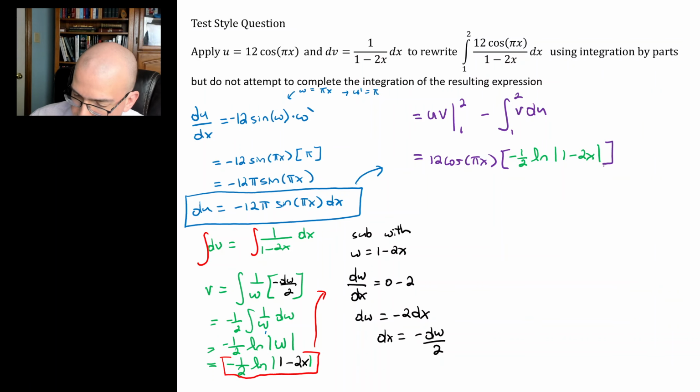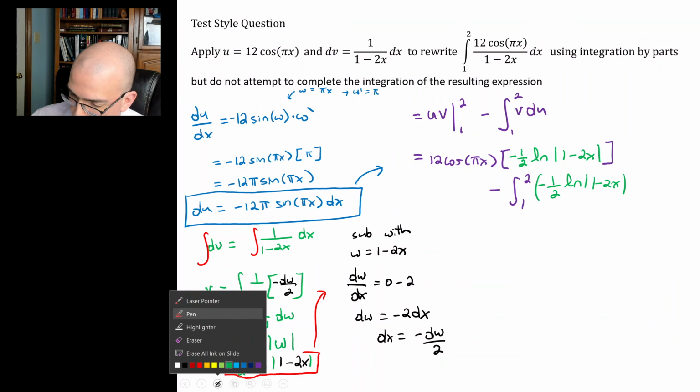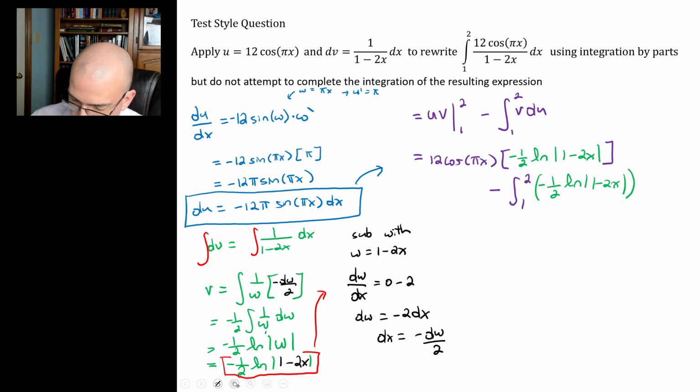And we have an integral from 1 to 2 of v, which is the green thing again, negative 1/2 ln absolute value of 1 minus 2x, multiplied by the du, the thing in blue, negative 12π sine of πx dx.